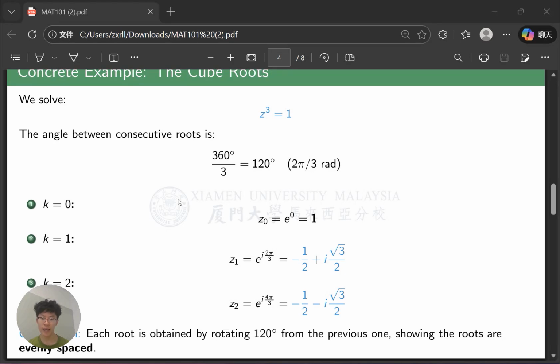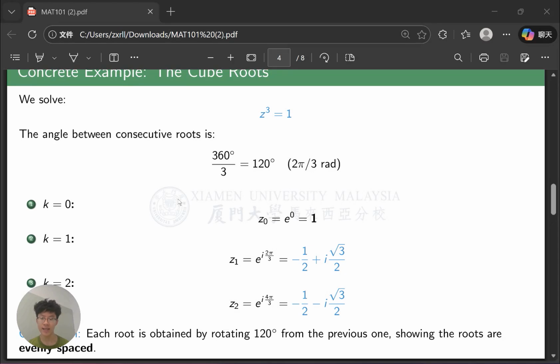Second, when k equals 1, we rotate by 120 degrees. This gives us z sub 1 equals negative 1/2 plus i times root 3 over 2. Third, when k equals 2, we rotate another 120 degrees to 240 degrees.